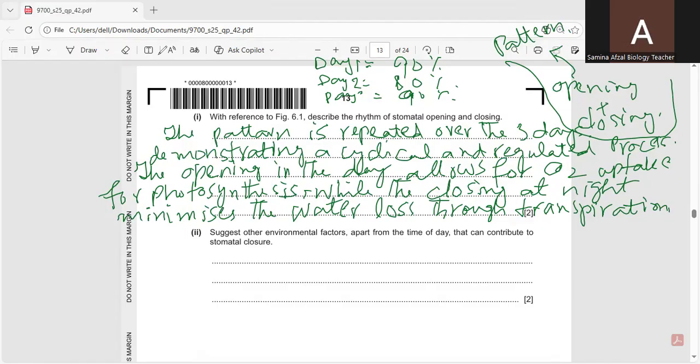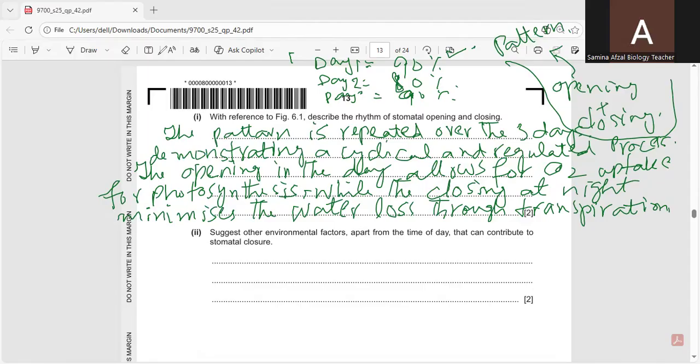So this is the whole process. In the daytime, when there is light, the process of photosynthesis is taking place. The opening of these stomata is about 90% on day one, 80% on day two, and on day three it is 90% again. So if we see the mean value, it is between 80 to 90%.